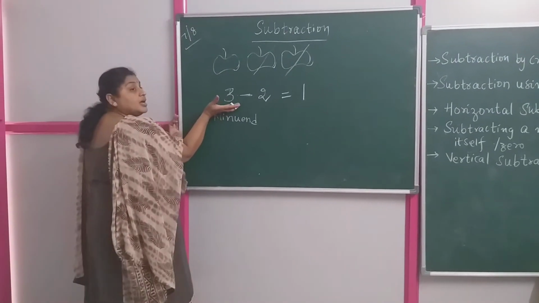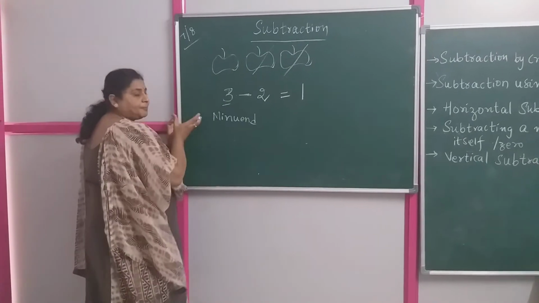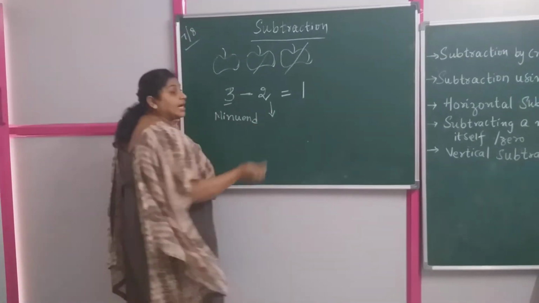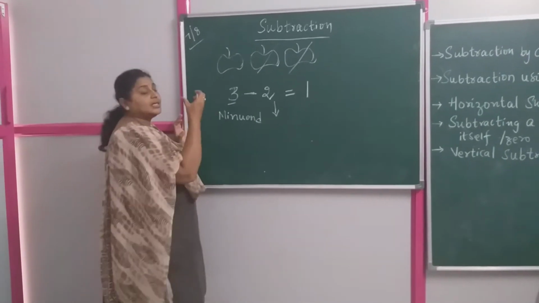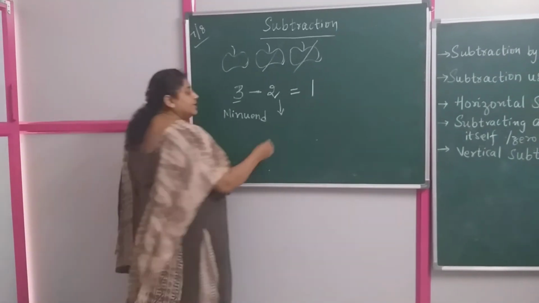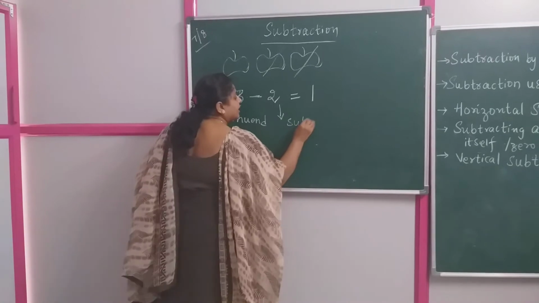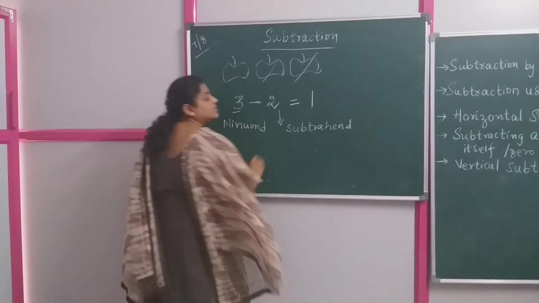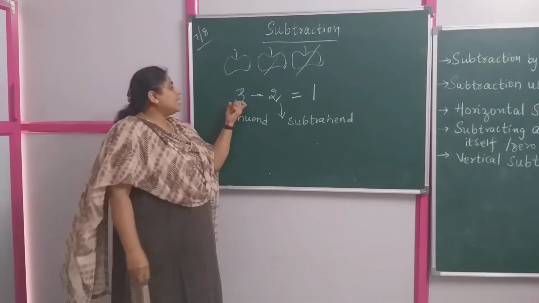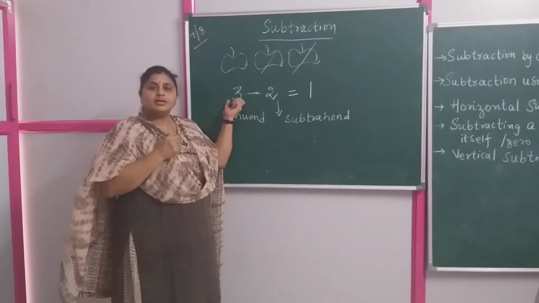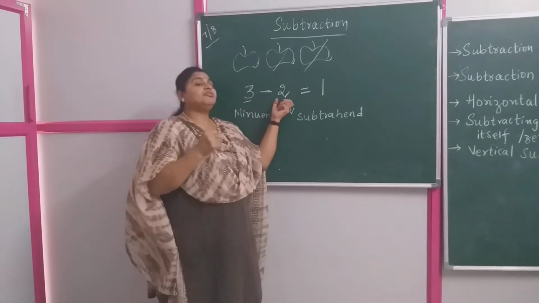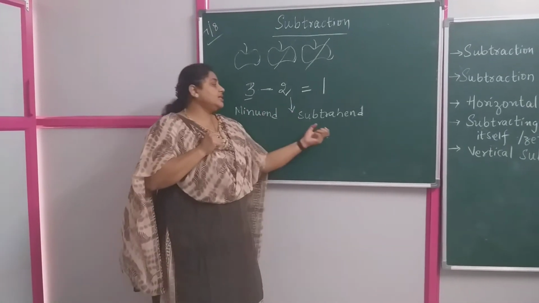The number from which you are subtracting is minuend. And 2, the number that has to be subtracted, is called the subtrahend. What do you call that? Subtrahend.